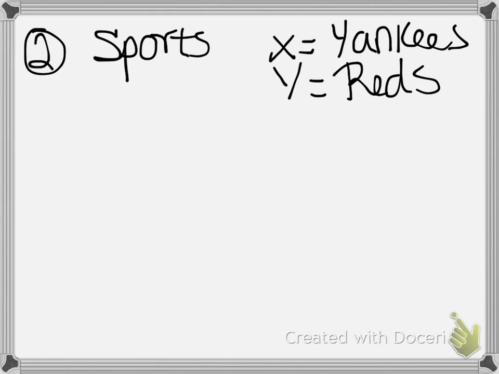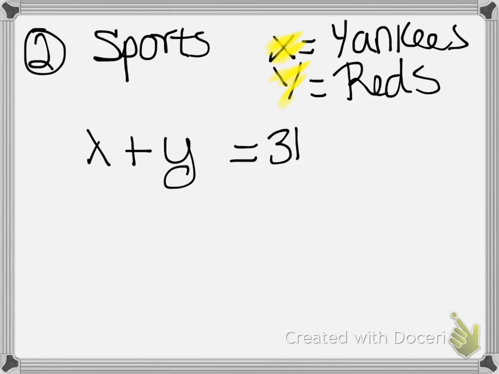Well, when I hear total, I think standard form, and I know the total is 31. And we want to think, well, what two things are actually adding up to 31? It's the amount of World Series that the Yankees have won and the amount the Reds have won. So x plus y is equal to 31.